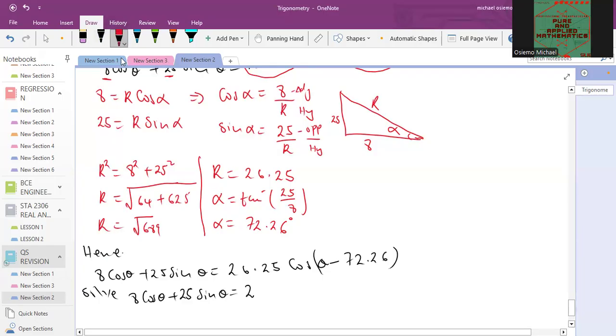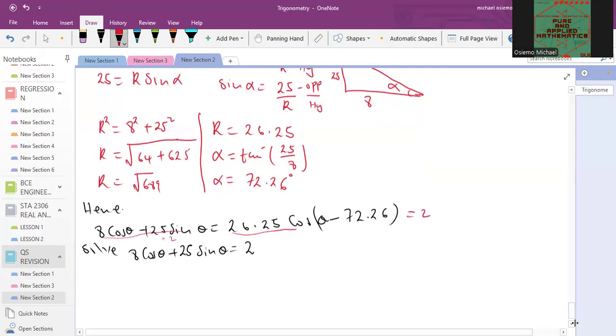Now I want you to note here, if this part is equal to this part, and you know this part here is equal to 2, that means this part here is also equal to 2, right?